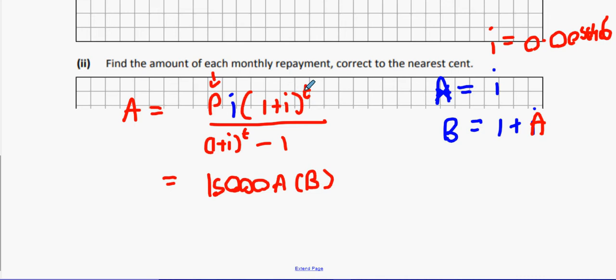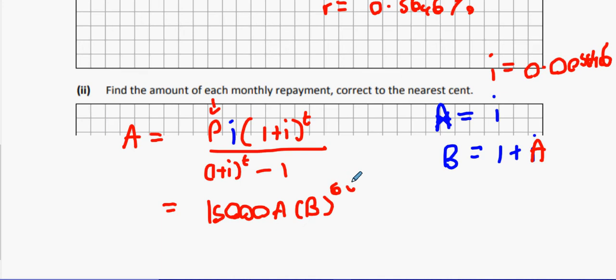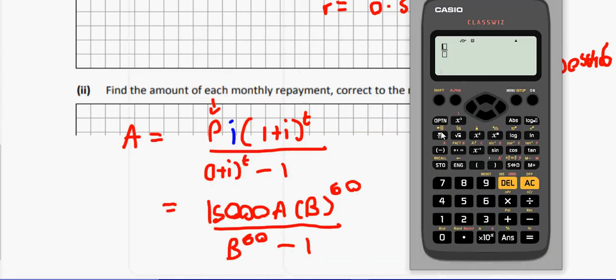So the way mine works is like this: 15,000 A B. Now T is how many payments we're making, and if I remember correctly, we're doing this for 5 years, which would be 60 repayments. So B to the power 60 all over B to the power 60, take away 1, and it's a lot easier to put this into the calculator. 15,000 A, and then B to the power 60, and then B to the power 60, and then you take away 1.